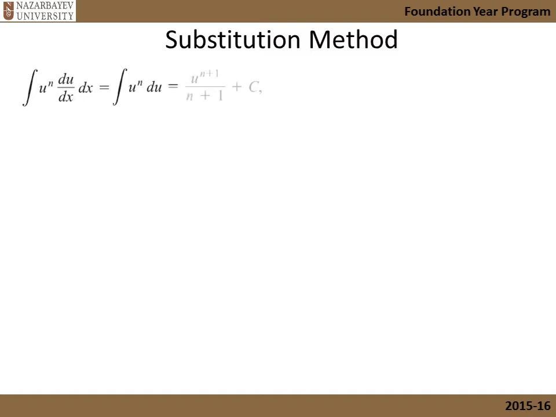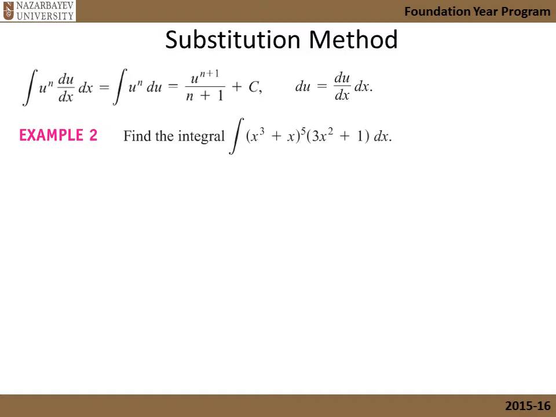And in this case we already know that our integral will be equal to u to the power of n plus 1 over n plus 1 plus c. And here we have this notation: we have written du over dx times dx as du.